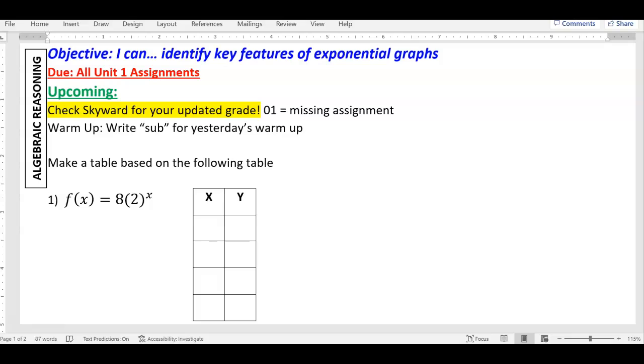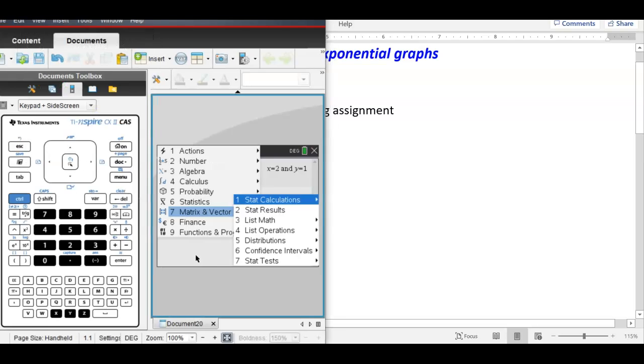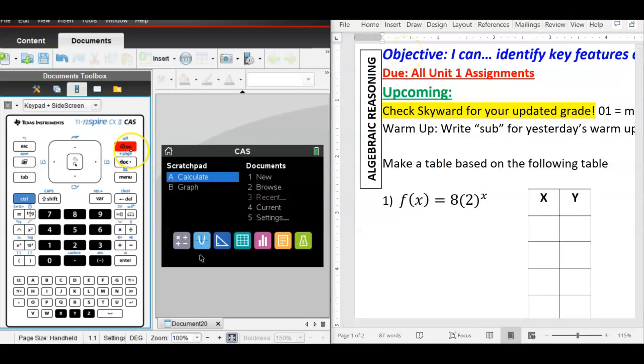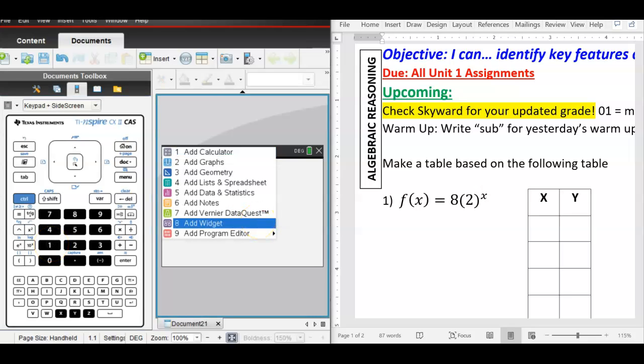Alright, so let's do this warm-up. Number one, we're going to go to the calculator and type in this exponential function. We've been starting to look at exponential functions, and we continue today. So remember, from the on screen, you press number 1 for a new document, do not save, and then number 2 for graphs.